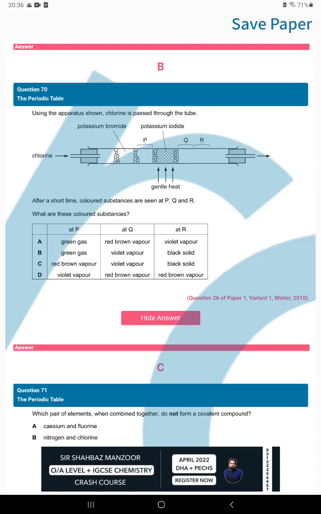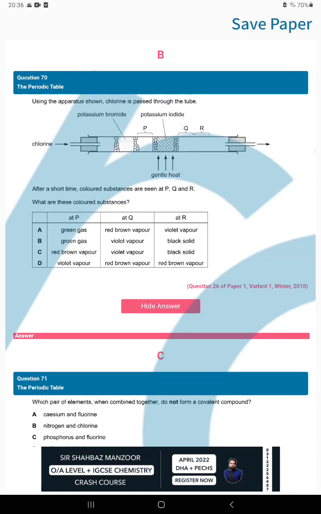Then we know it's going to be B or C. At P it's going to be C. That's correct. But then at Q, B and C both are violet, so we'll go with C. And at R, same, black solid, so it's C.